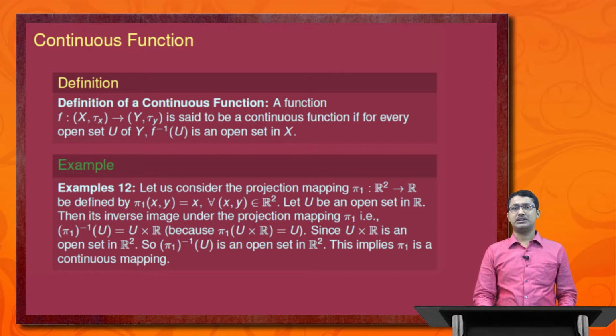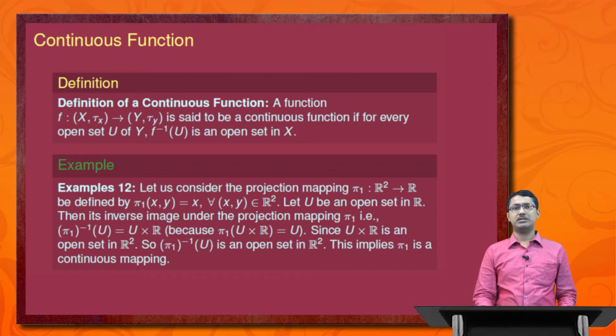Let U be an open set in R. Then its inverse image under the projection mapping, pi_1 inverse of U, is equal to U cross R, because pi_1 of U cross R is equal to U. So U cross R is an open set in R square.